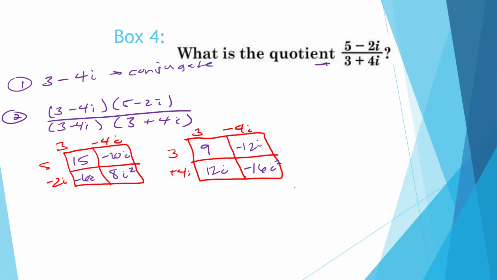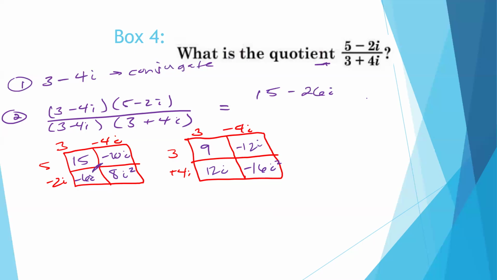Still with me? So therefore, on this one, I can combine like terms, correct? So the middle terms we're going to combine. So we have 15, and then we have negative 20i and negative 6i make what?